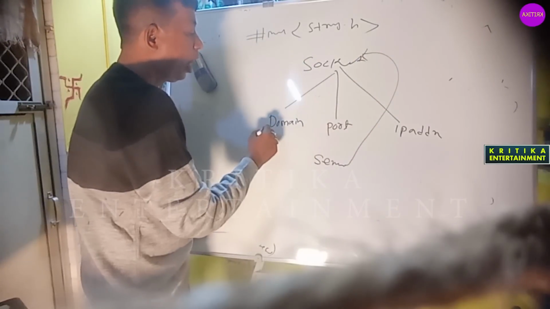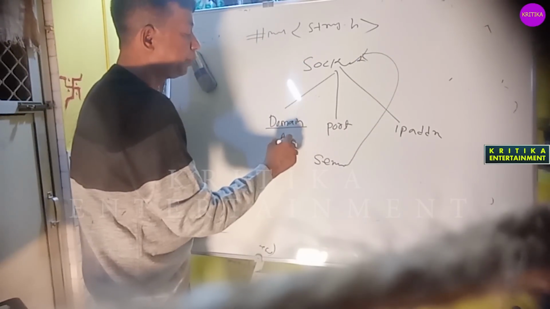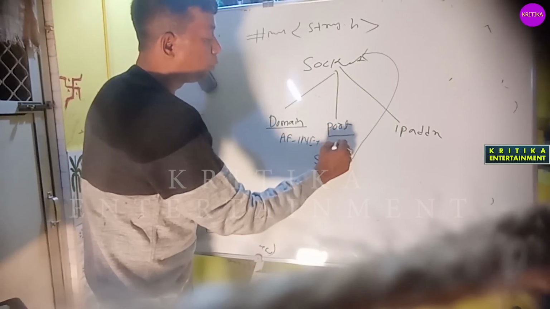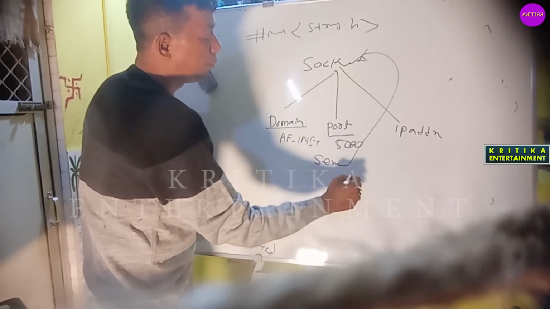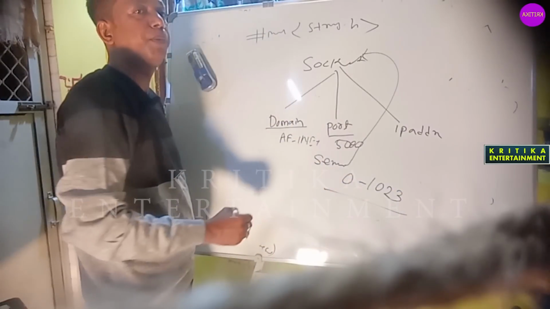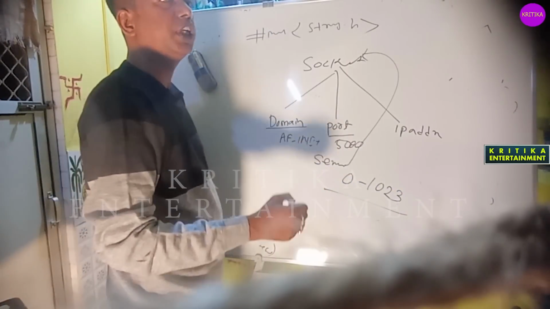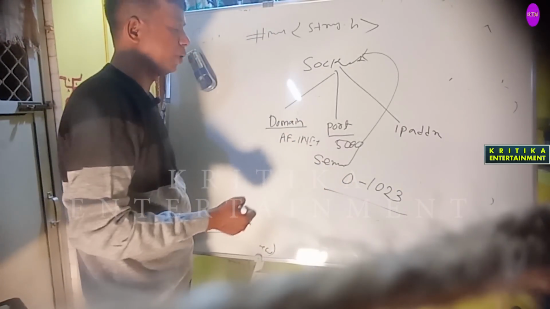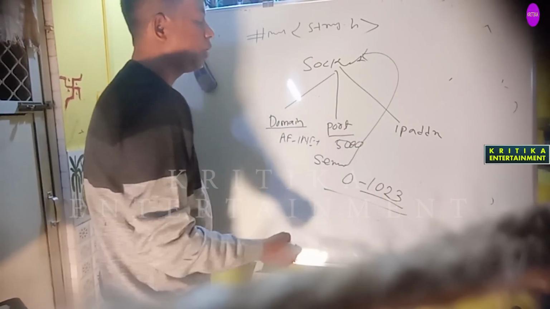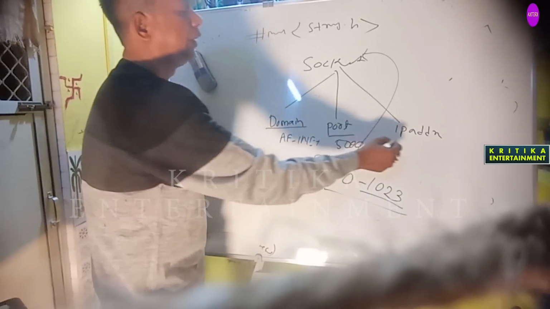The domain is AF_INET, and the port is 5000. You remember 0 to 1023 are predefined ports, which are already associated with predefined programs, so I will use a port above 1023.